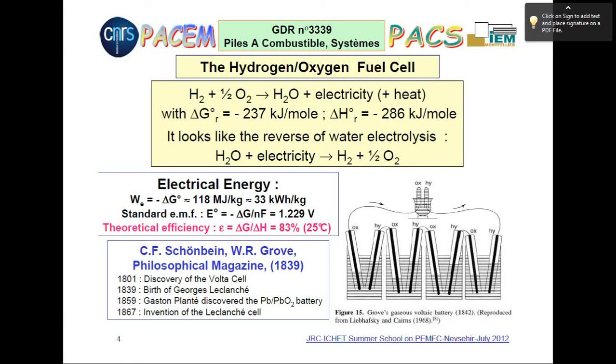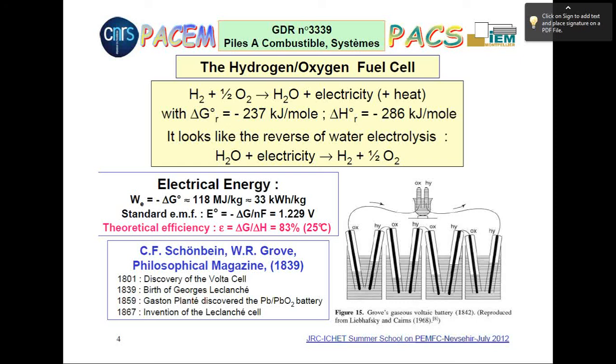Okay. And I also add that this reaction looks like the reverse of water electrolysis. It means if you take water and provide energy, because the reverse reaction is not spontaneous, you cannot do that except if you provide external energy.